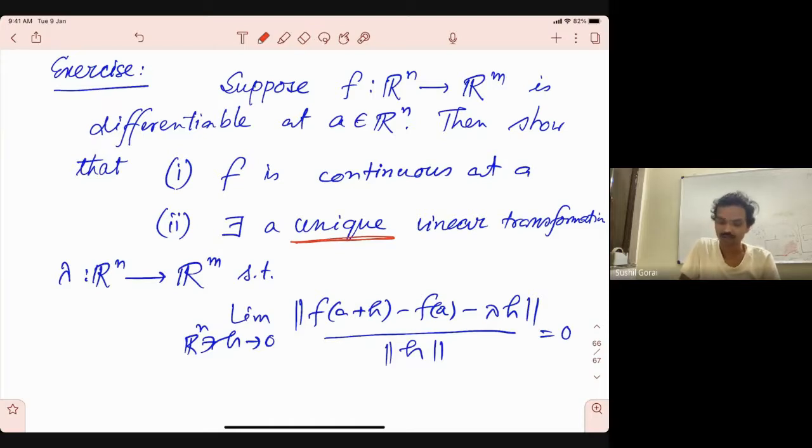Suppose you have two, let's say lambda and mu, then you look at the difference lambda h minus mu h, and use this addition and subtraction trick and then the triangle inequality to get it. So try this one. This is an interesting exercise. Once it exists, it must be unique. So once we prove this, if we find a candidate, then it should be the one.